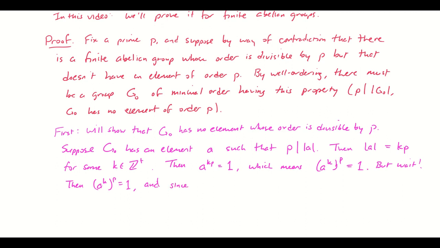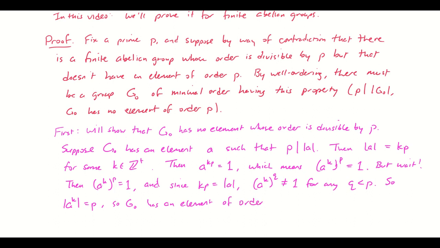And since kp is the order of a, a to the k raised to the q is not equal to the identity for any q less than p, because if it were, then that would mean that a to the kq is equal to the identity, and kq would be less than kp. So this means the order of a to the k is p, and that's a contradiction because we said G naught has no element of order p. So that's a contradiction.